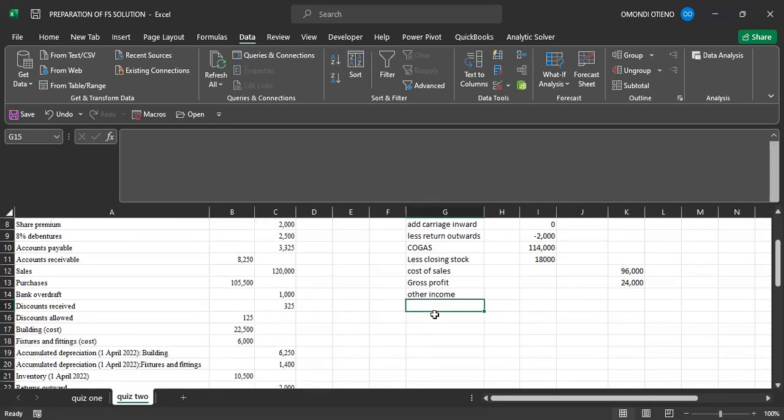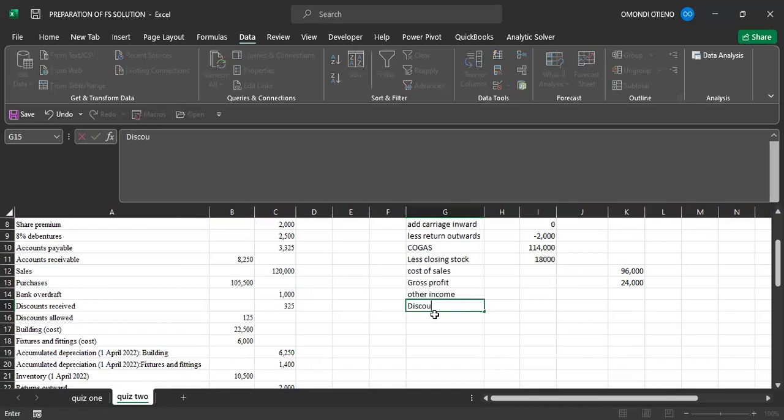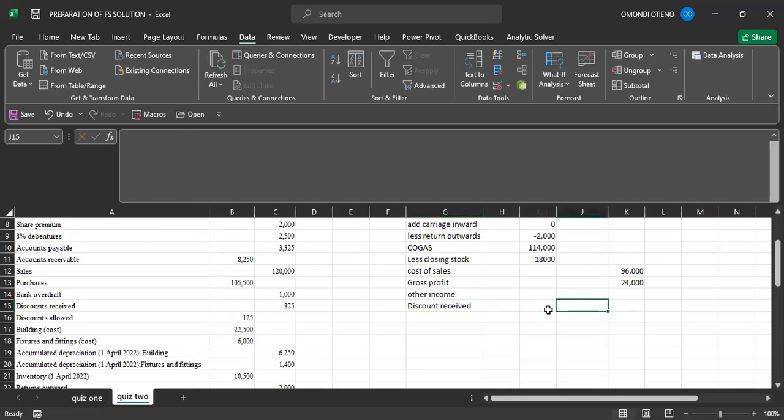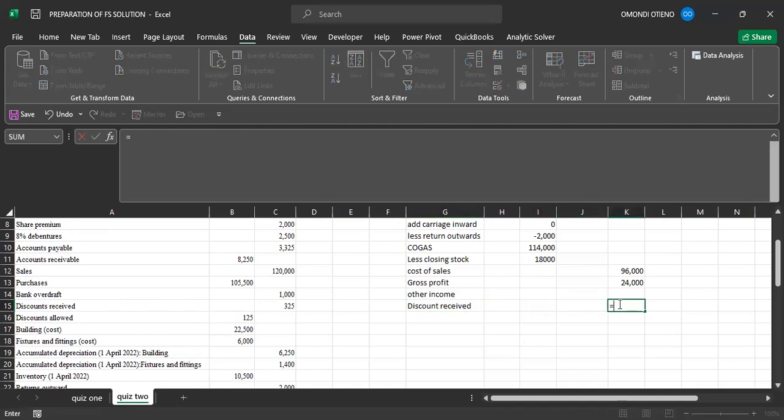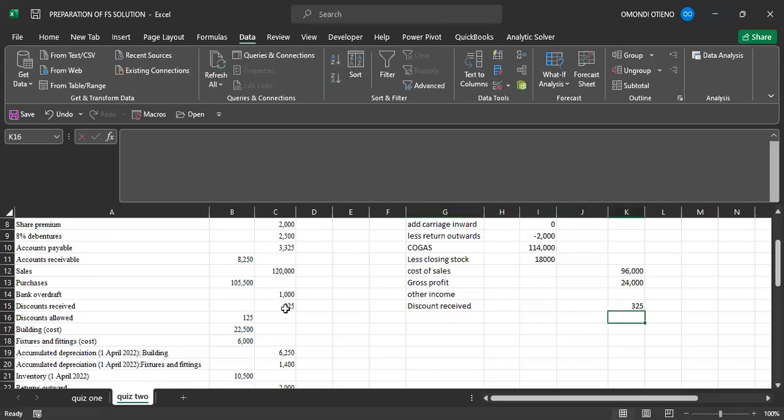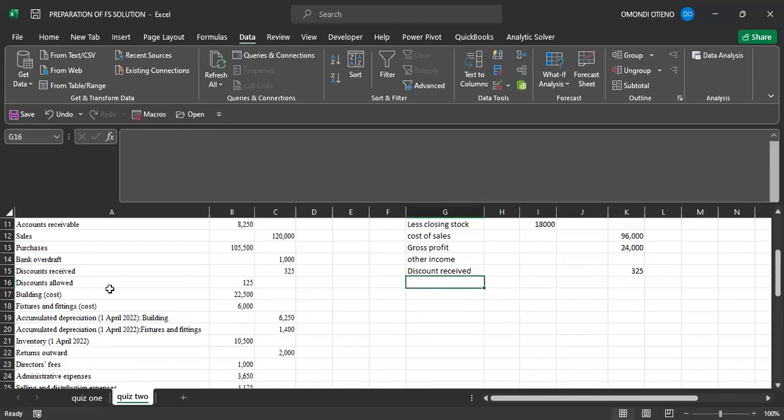We have discount received. Discount received of how much? Discount received 325. Any other income? Investment income, rental income.